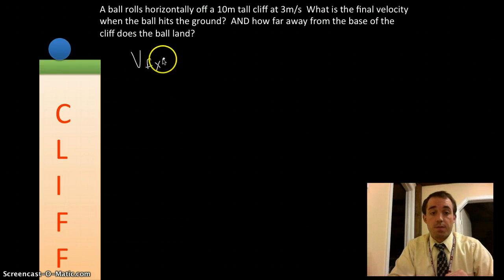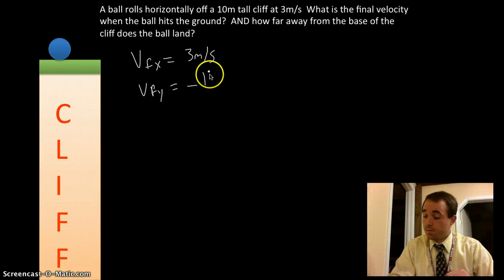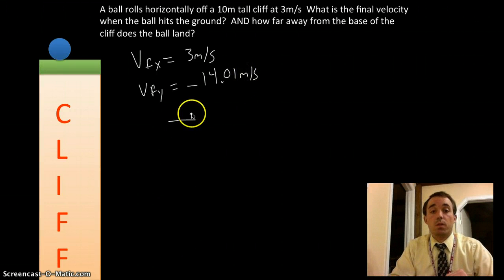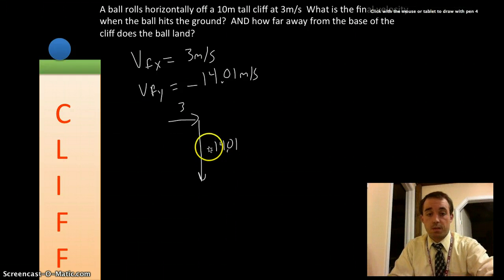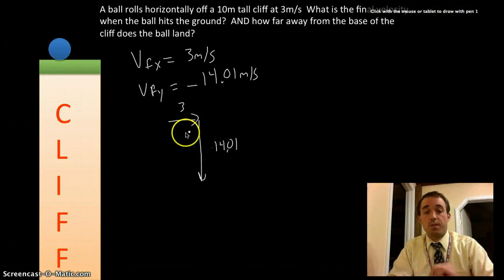Reminder that VFX is 3 meters per second. VFY we just found to be negative 14.01 meters per second. So we draw our triangle, roughly to scale, doesn't have to be perfect, with 3 and 14.01. Really you shouldn't have this negative here because the arrow takes care of that negative.